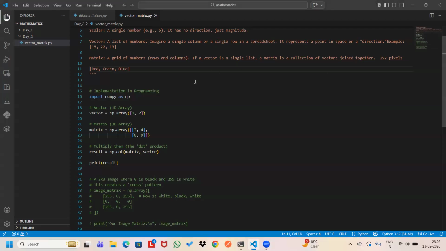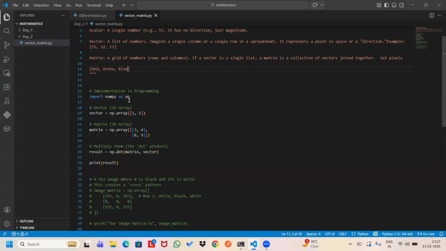These are three colors, so this is actually color space. Whatever color you are seeing is a combination of these three colors. That means the ratio in which you are mixing these colors is going to affect your image.